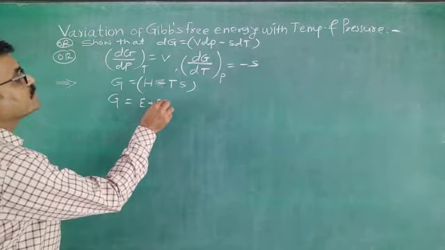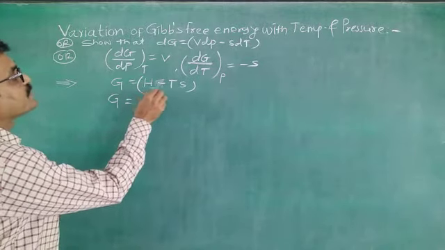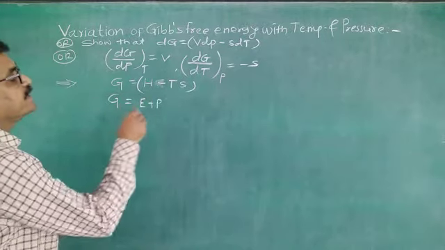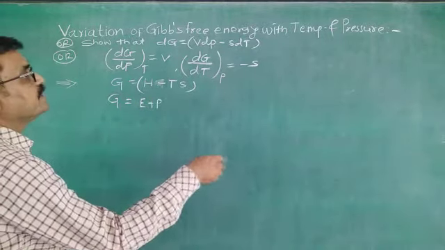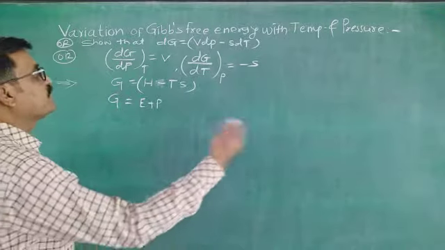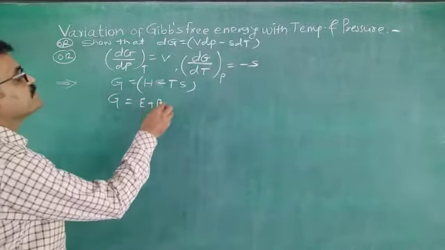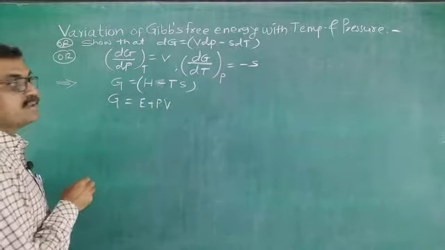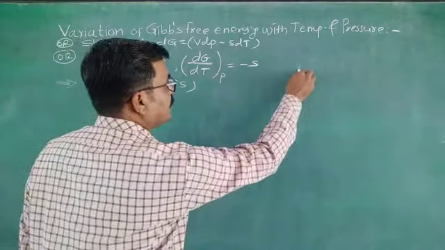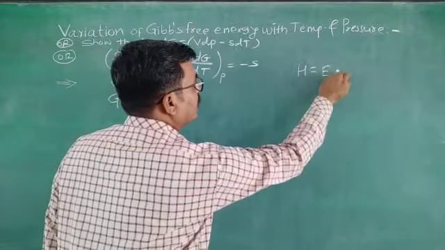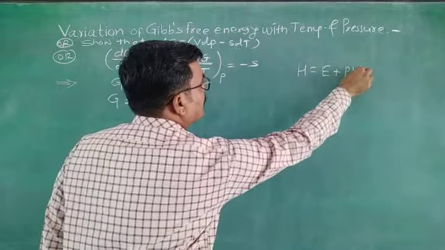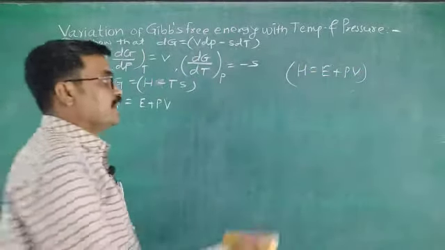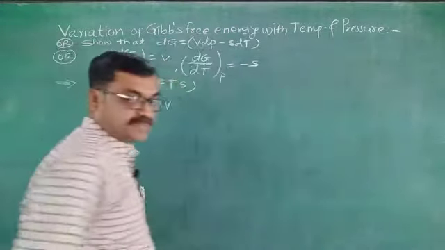According to the first law of thermodynamics, dE is equal to dQ reversible plus PdV, and H is equal to E plus PV. The enthalpy change is the internal energy plus PV type of work. That's why H equals E plus PV.